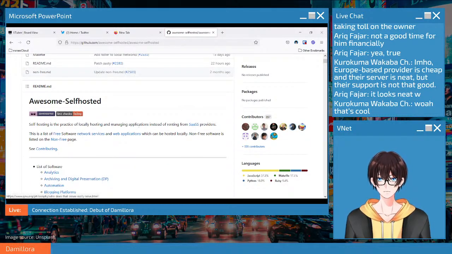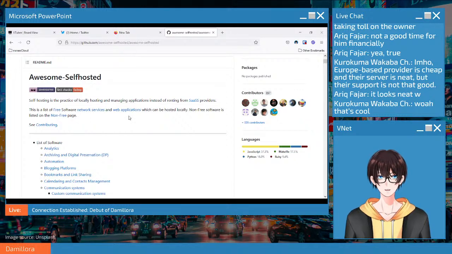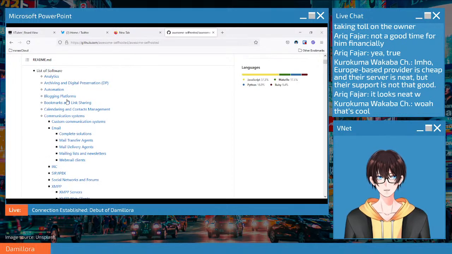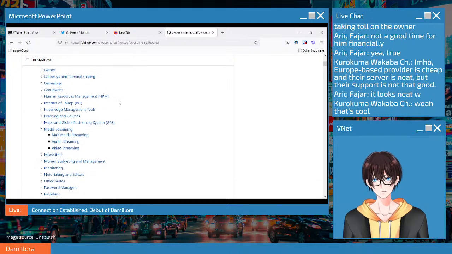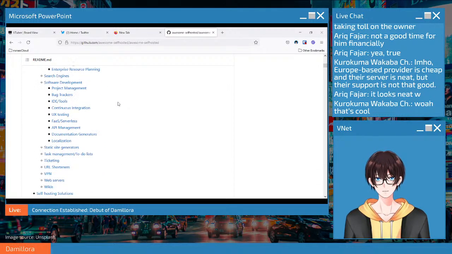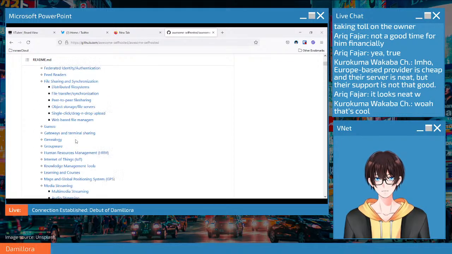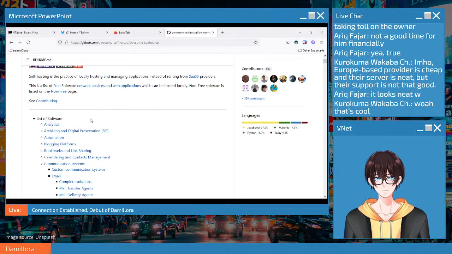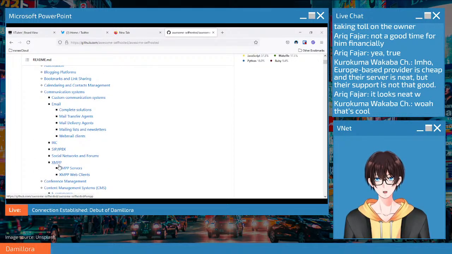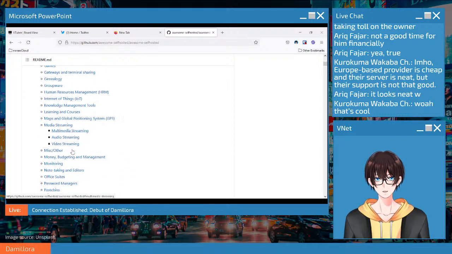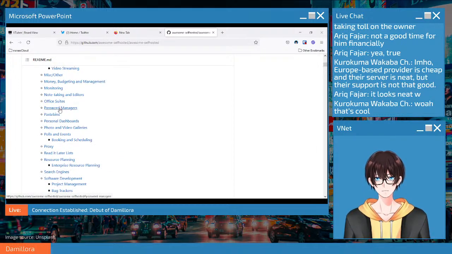If you want to look at which services you can self-host, there is a list of various software that you can use, and it's a pretty complete list, having everything from static site generators, to note-taking, games, and even email, social networks, feed readers, file sharing, IoT, even learning, password managers.